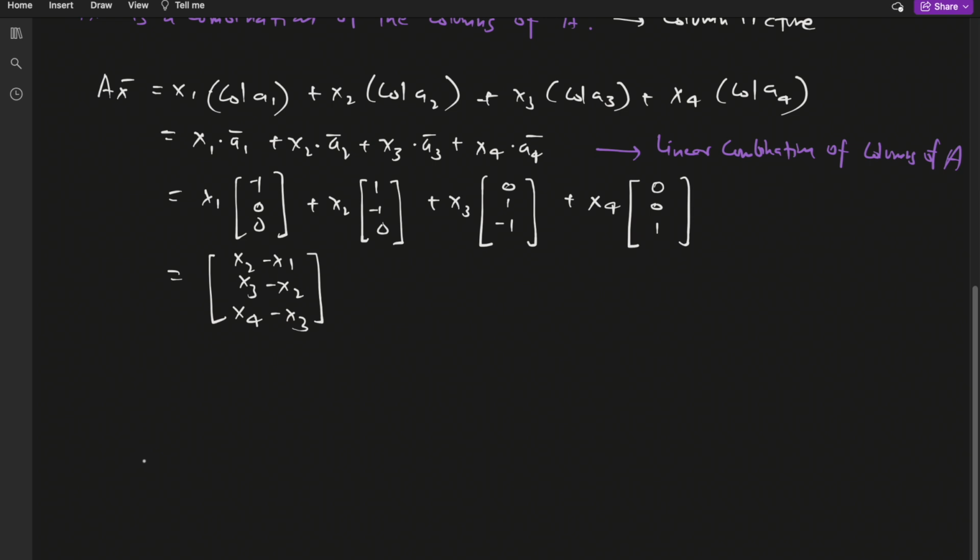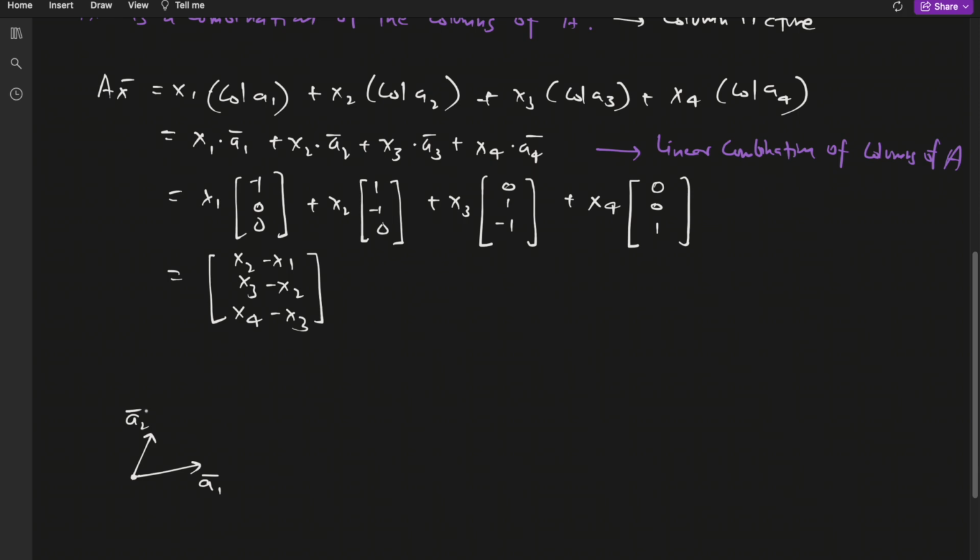So let us suppose this is the first column vector of matrix A, that is A1, which is a column vector. And let us suppose this is the second column of matrix A, the second column vector A2.